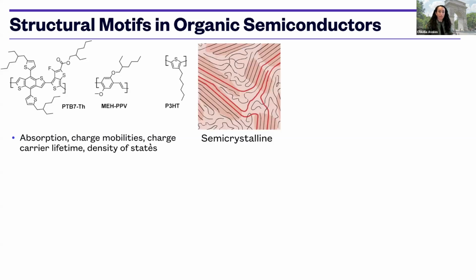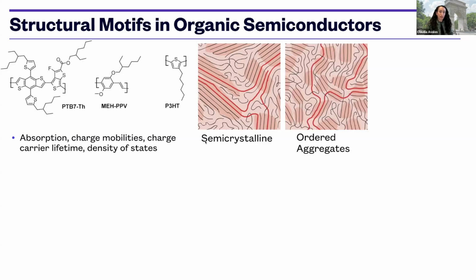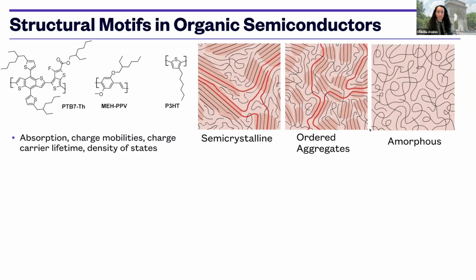All of these things can be connected to how these molecules are ordered in a film. As we showed earlier, we have this semi-crystalline structure that can form in this class of systems. You can also have ordered aggregates and amorphous structures that form. In one of the papers that I've been reading, the reference for which I'll show at the end, they discussed that in a lot of these cases you don't ever form a pure crystalline phase, because you have disorder along one of the axes of your system.